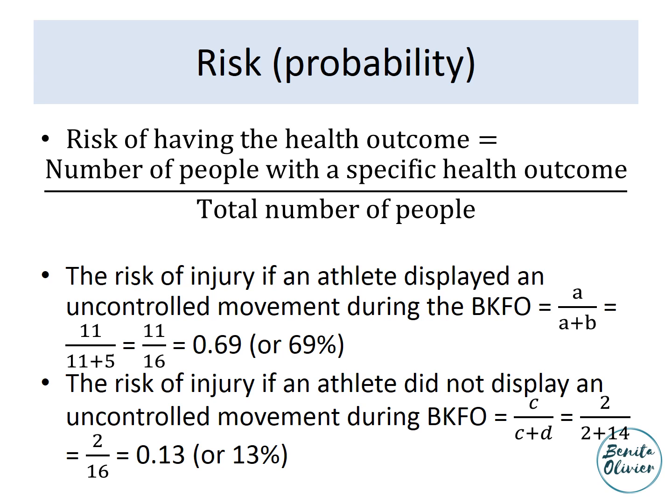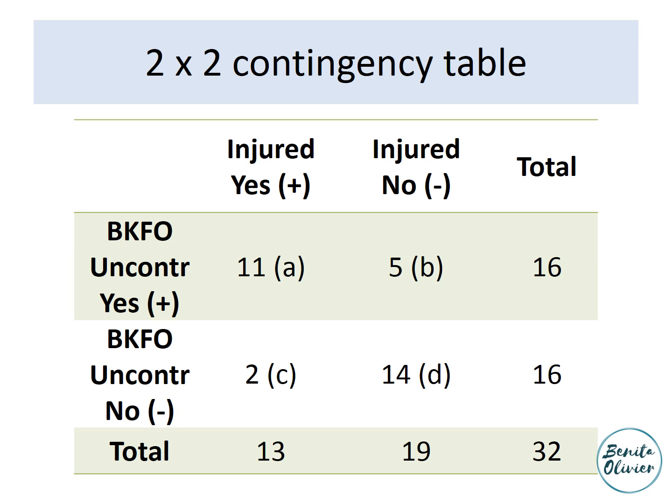First, you need to calculate the risk in order to calculate the risk ratio. So the risk of having a health outcome is the number of people with a specific health outcome over the total number of people. So the risk of injury if an athlete displayed an uncontrolled movement means A over A plus B, 11 over 11 plus 5.